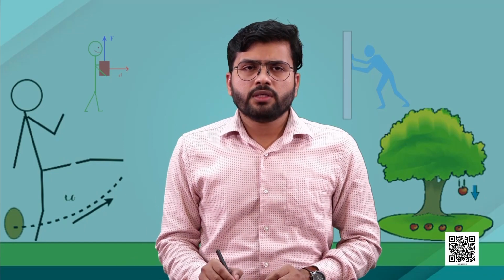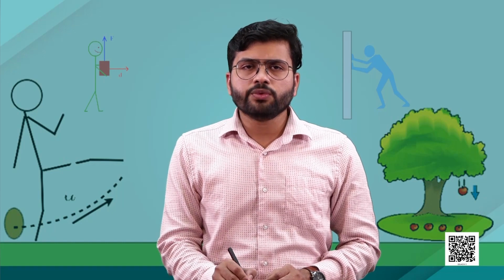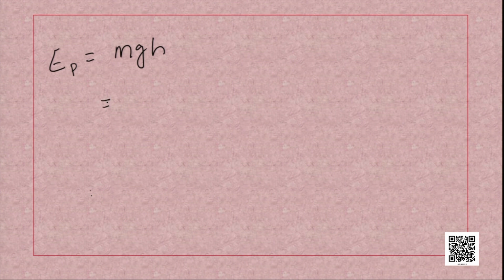So, here we will use the expression EP, which stands for potential energy, is equal to mgh. Here the mass of the object has been given as 10 kg, multiplied by acceleration due to gravity, 9.8 meter per second square, and the height given to us is 6 meter.